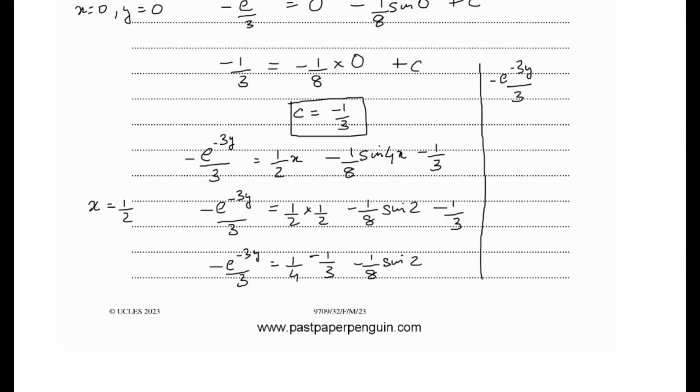I fed the right hand side into my calculator and I got negative 0.1967. So e to the power of negative 3y is equal to negative 3 into negative 0.197, which is 0.591.